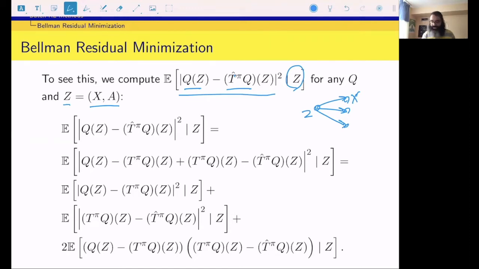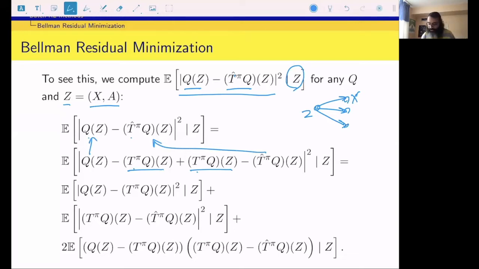We had similar calculations before for AVI. So I write this expectation of Q minus T hat pi of Q, and I subtract and add T pi Q, the true Bellman operator applied to Q. These two terms are added and subtracted, so they don't change the sum.